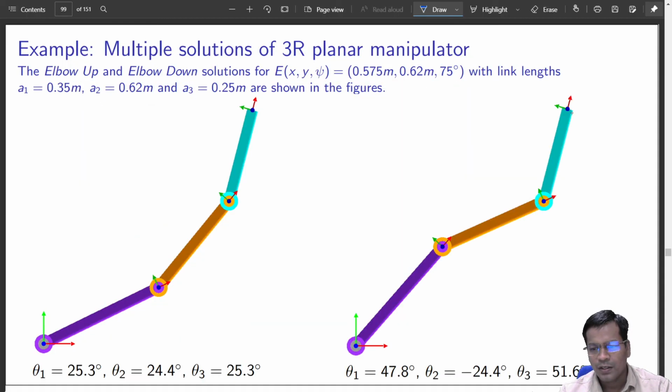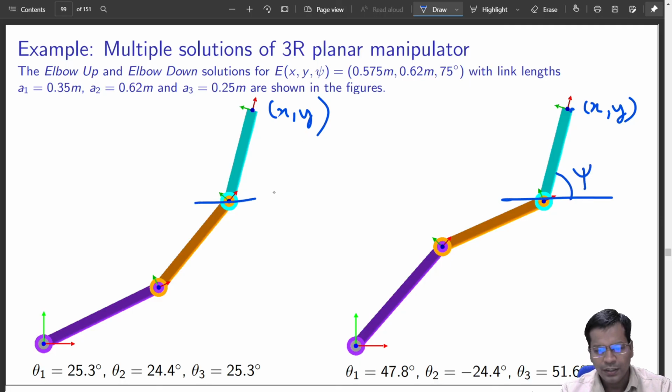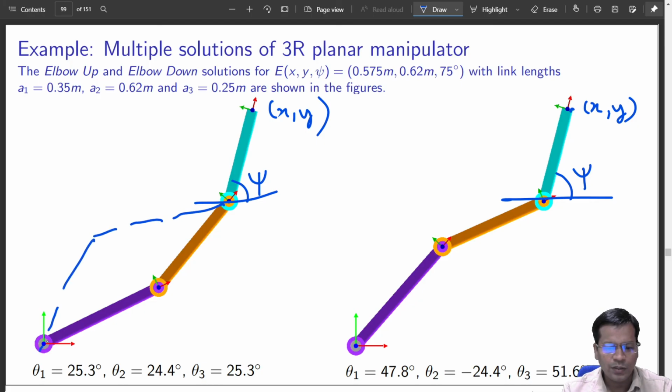That means the end effector position is the same, x and y. Orientation, that is this angle, remains the same. But the remaining subsystem has got two solutions. One is like this, another one is like this. So two solutions, physically they will look like this.